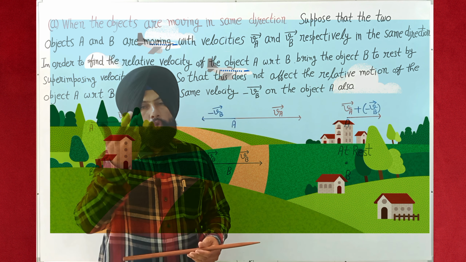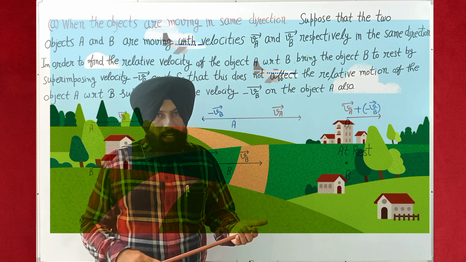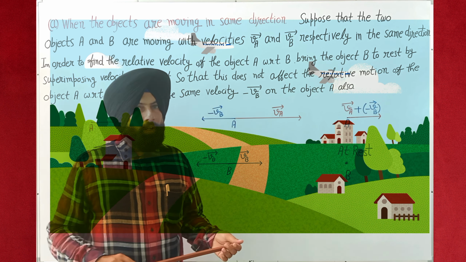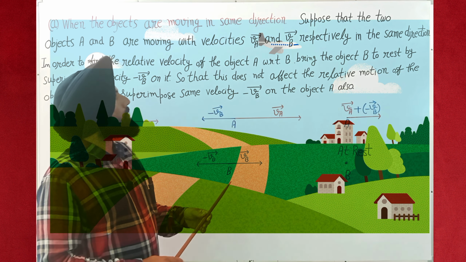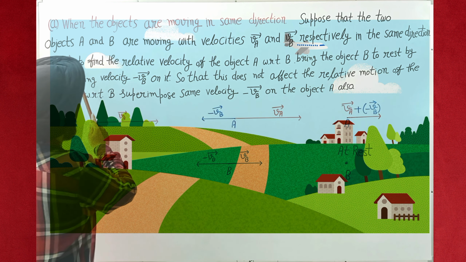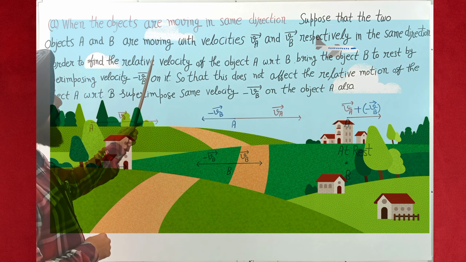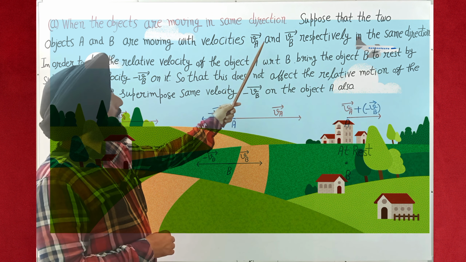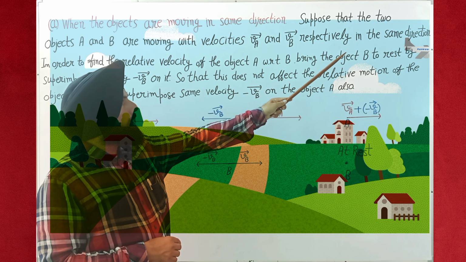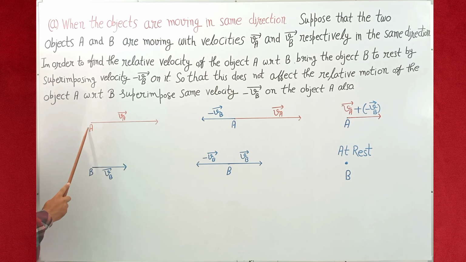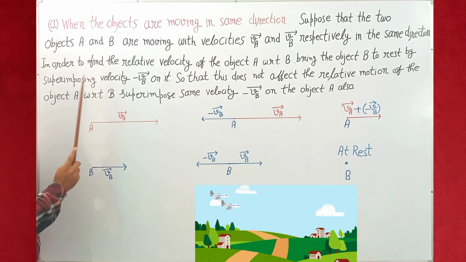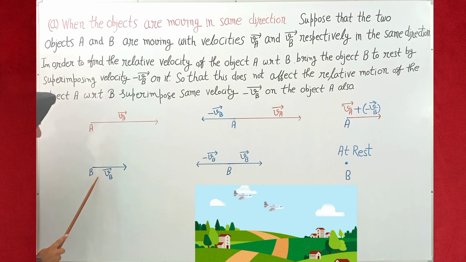Say we have two objects, one named A and the second B. Both are moving and their direction is the same. Suppose the two objects A and B are moving with velocities BA and BB respectively in the same direction. Look at the board: object A moving with velocity BA vector, object B having velocity BB vector, direction is same.